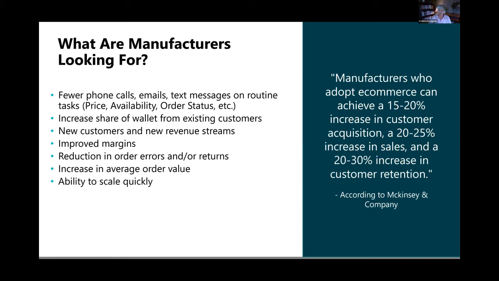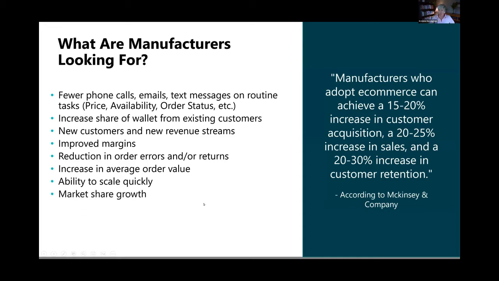What happens when you move online is that you don't need those additional people anymore, because you've already reallocated your resources to other more value-added activities, and the website is taking up much of that volume, which really does help you grow that business.